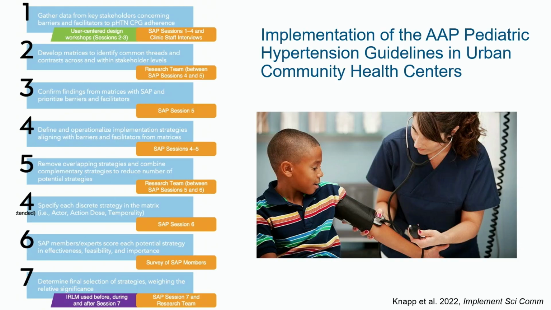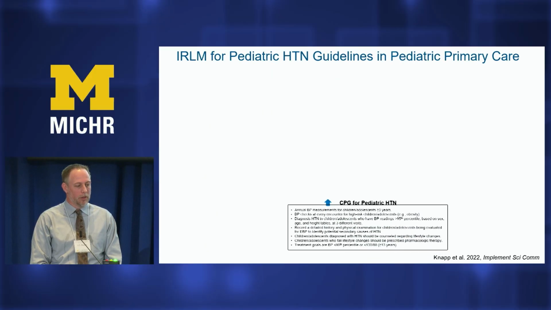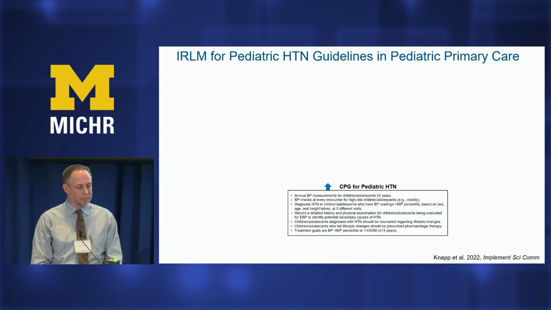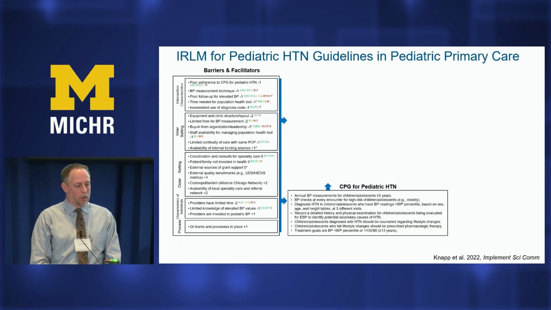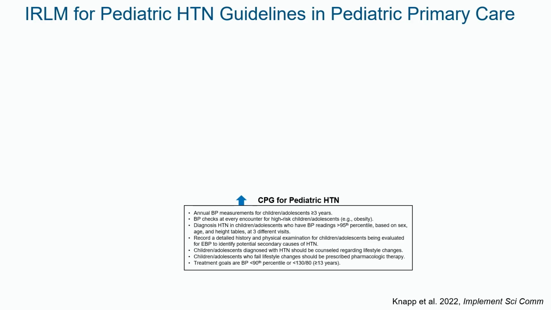And then we went back to our group to have final strategy selection, as well as tiering. Tiering is really important in the Royo design, and I'll show you this in the next slide, because what we came up with is our implementation research logic model. For those who are not familiar, it starts with the clinical practice, and for this it was our clinical practice guideline.